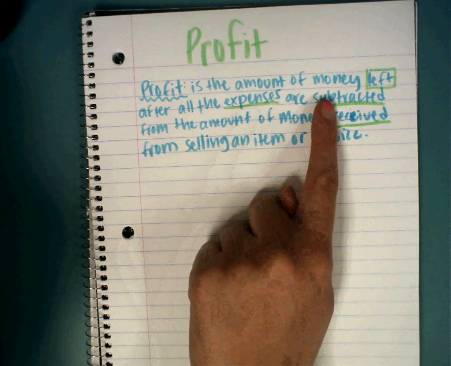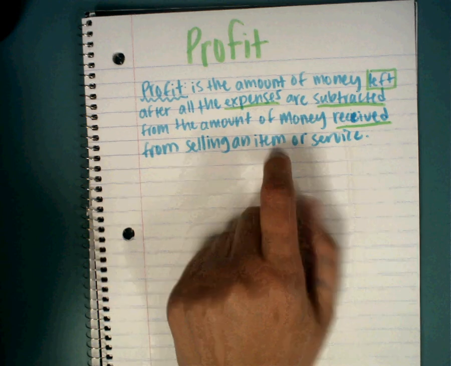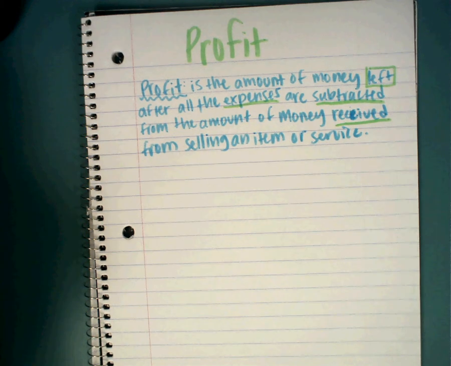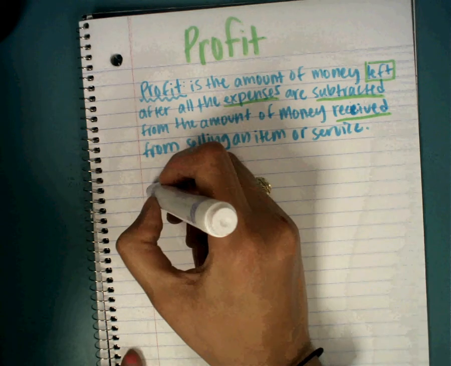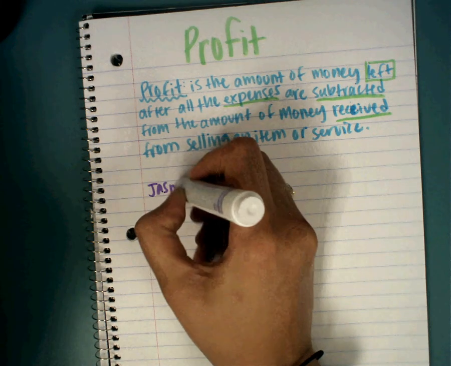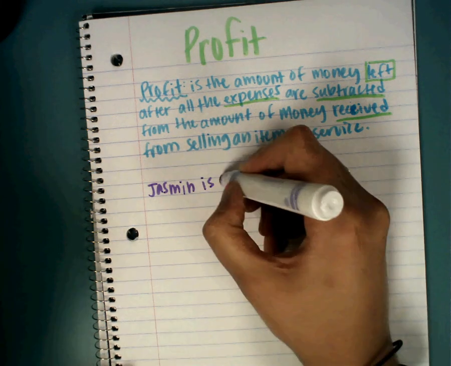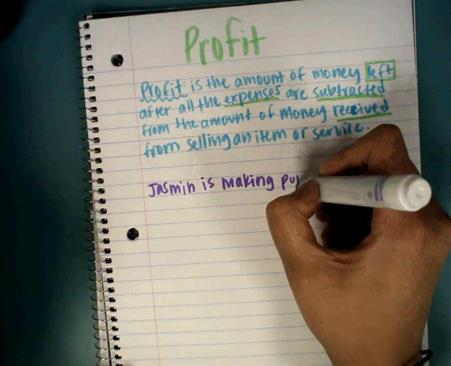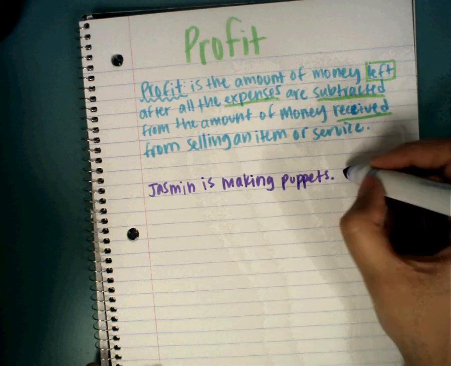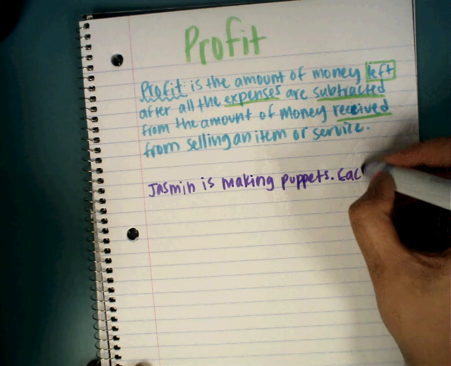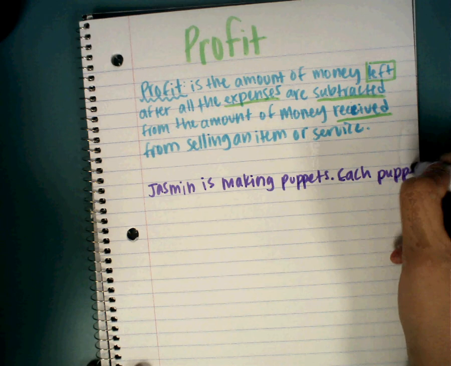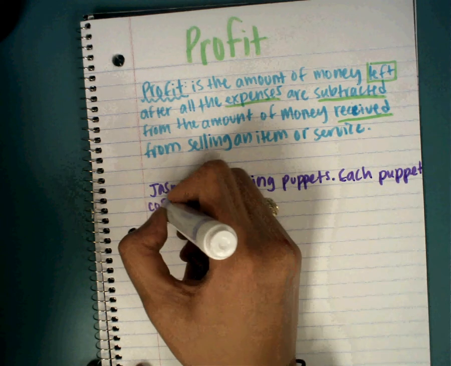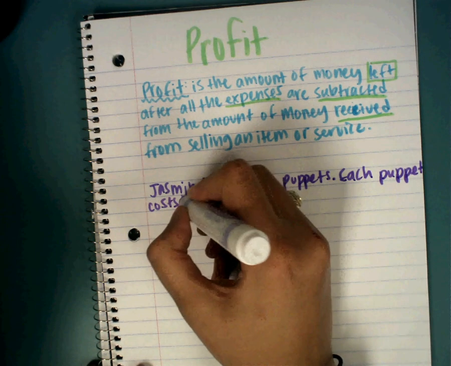Okay, so let's give an example. So let's say that there's this Jasmine chick, okay? So let's say Jasmine is making puppets. Okay? Each puppet costs $3 to make, and she sells them.